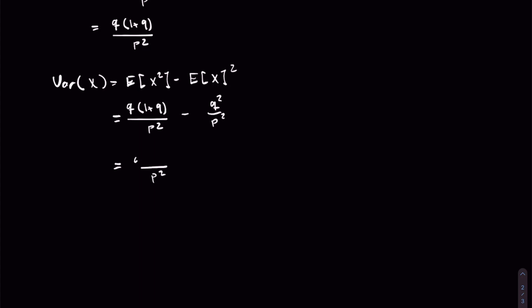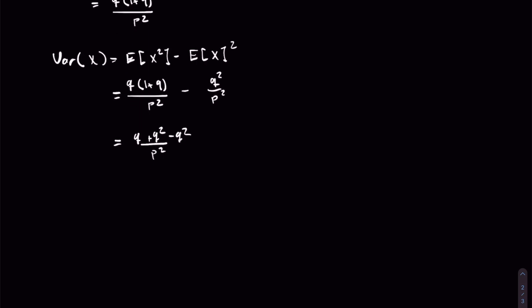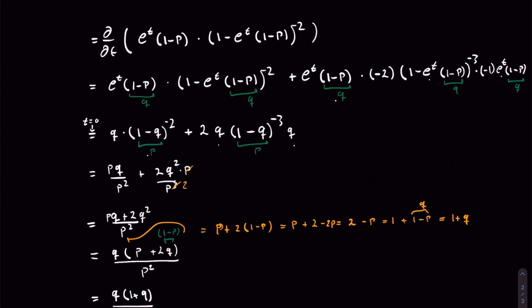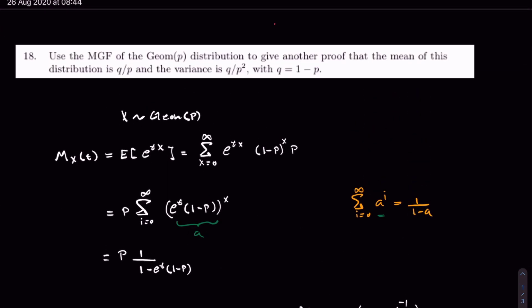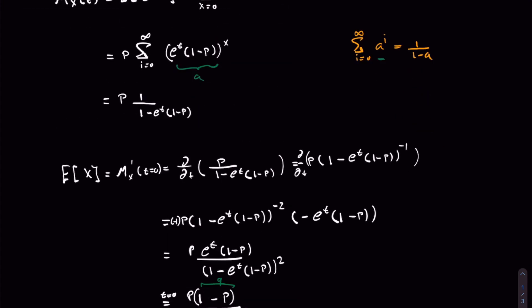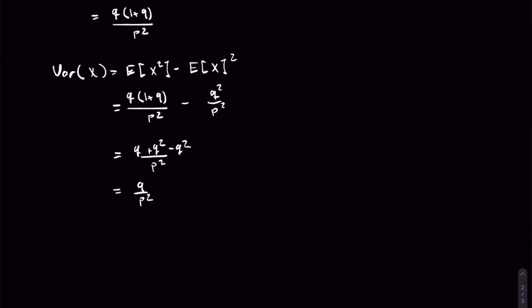So we have q plus q squared minus q squared, and that is simply q over p squared, which is the variance of the geometric, which was what we wanted to prove here.